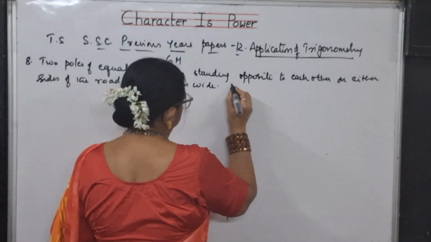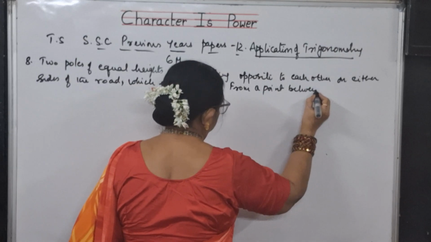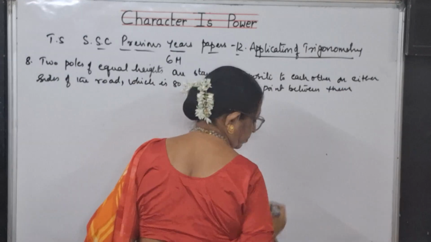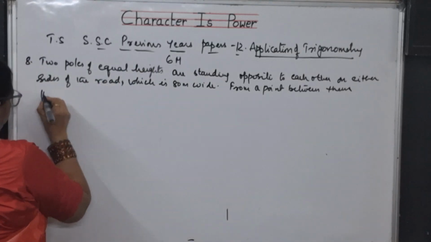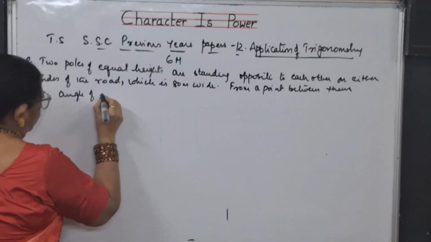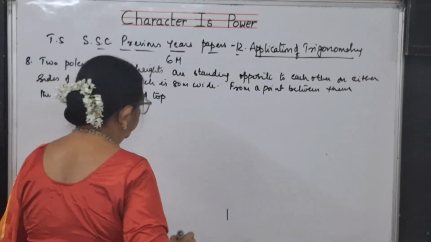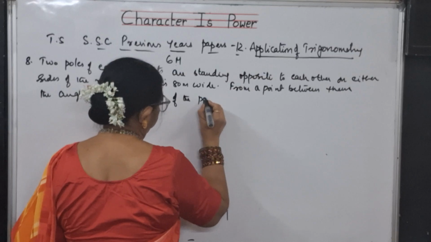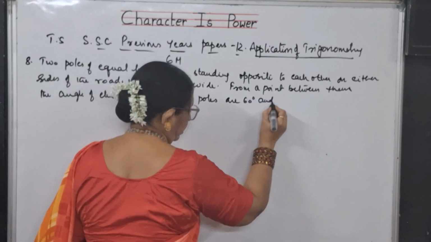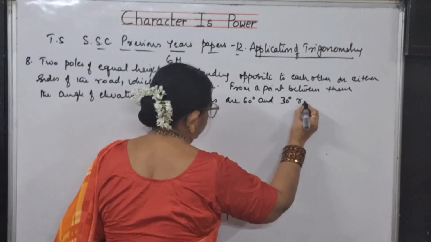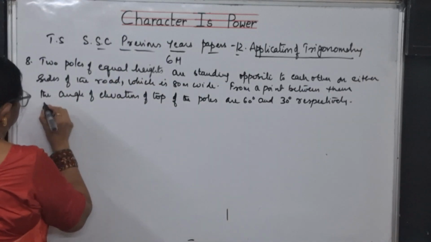From a point between them, the angles of elevation of the top of the poles are 60 degrees and 30 degrees respectively. Find the heights of the poles.